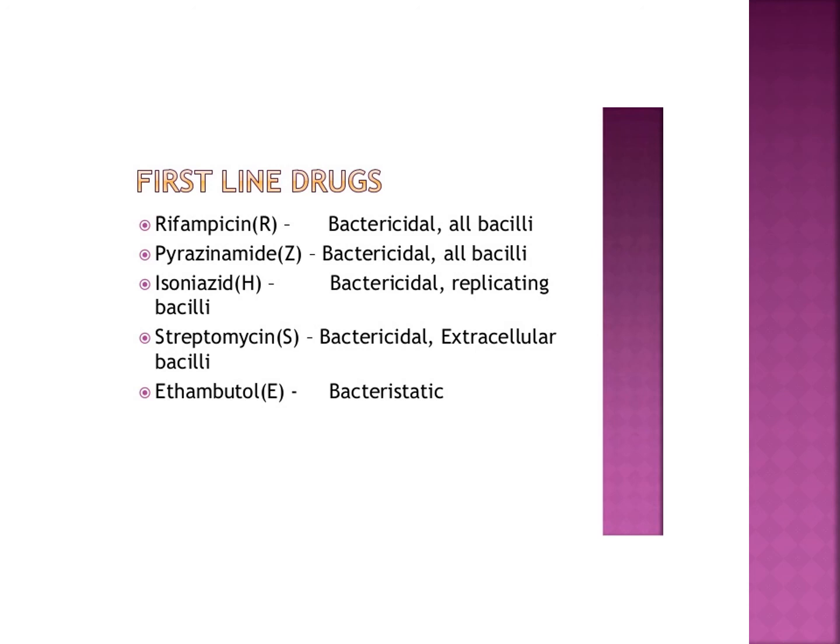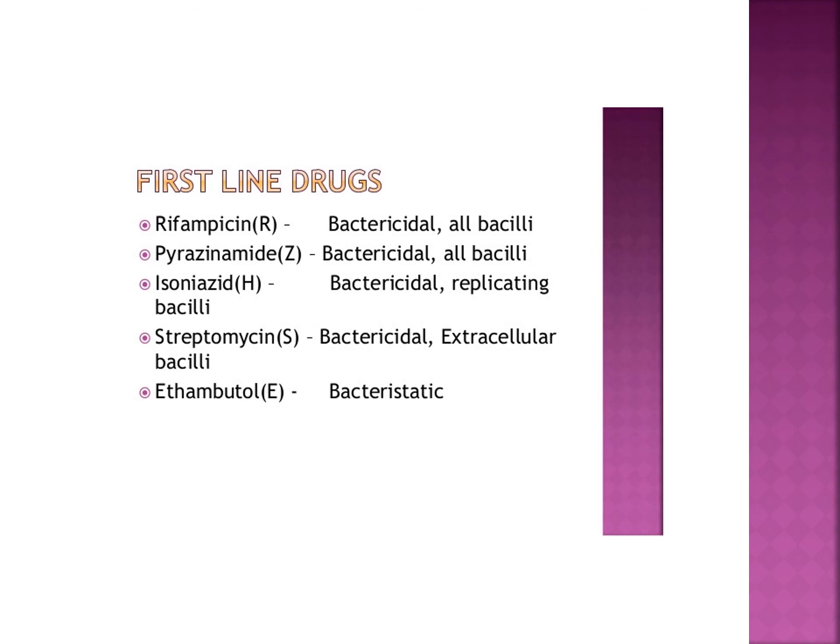So these are considered second line drugs as far as the treatment or management of Mycobacterium tuberculosis is concerned. So these are the usual choices which are effective against Mycobacterium tuberculosis.